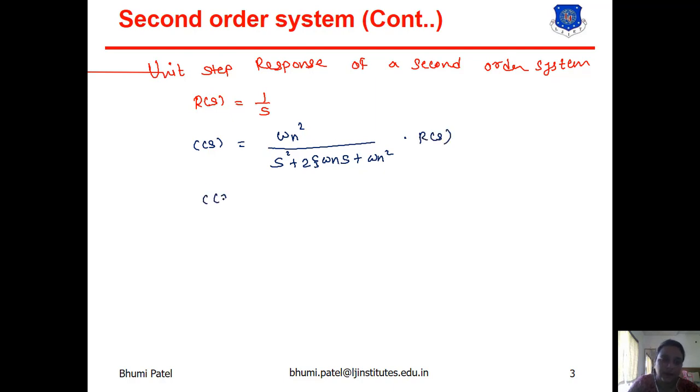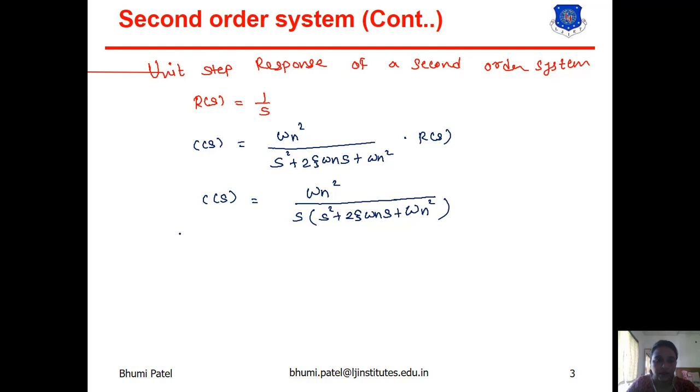So we can get C of S is equal to omega n square upon S into S square plus 2 zeta omega n S plus omega n square.